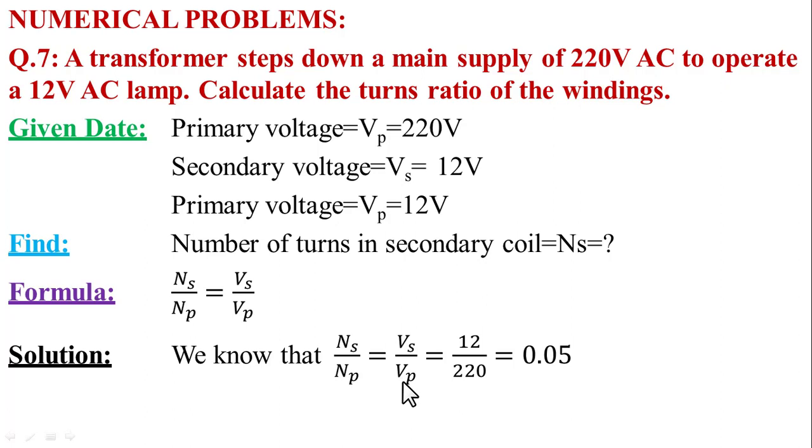Putting the values of Vs and Vp: the value of Vs is 12 volt and the value of Vp is 220 volt. So 12 divided by 220 is equal to 0.05.